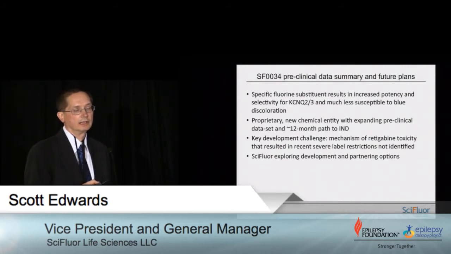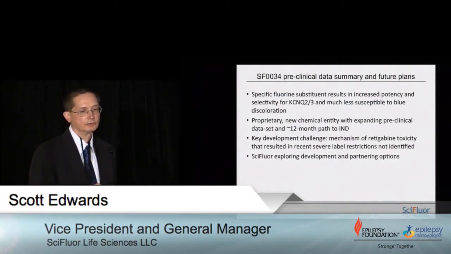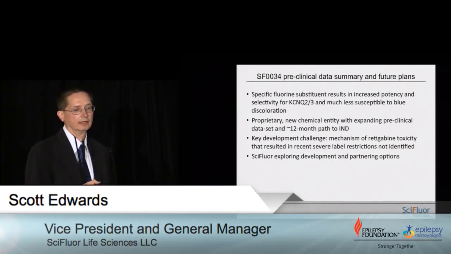There's a collaboration we have with a group at the University of Pittsburgh that's exploring retigabine in animal models of tinnitus, because the hyperactivity of the acoustic nerve actually correlates with the development of tinnitus.